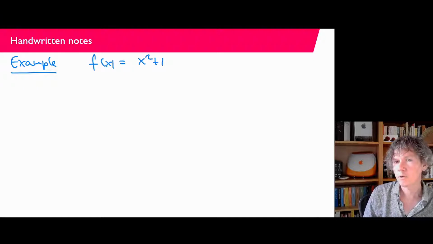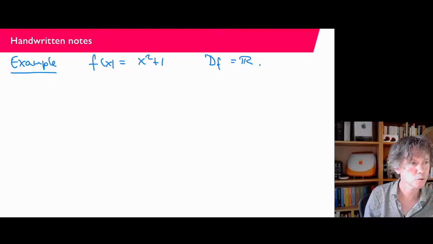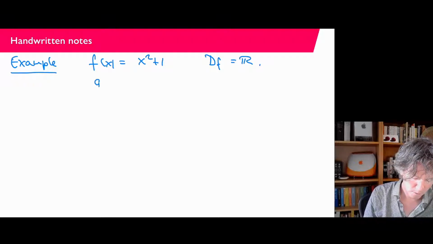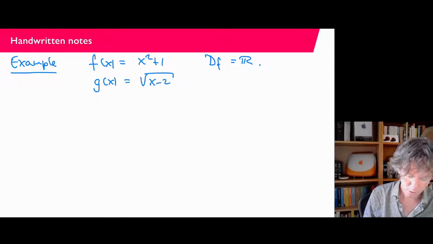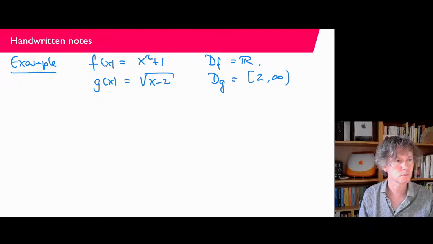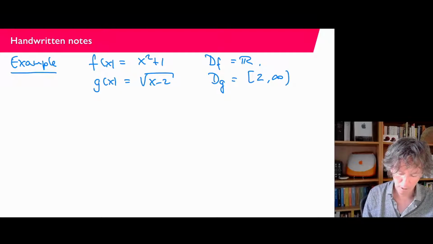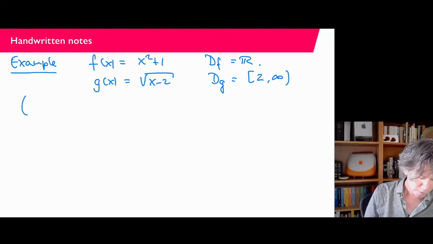You see this is a polynomial, so we know that the domain of f, well, that's every real number, because I can always compute x squared plus 1. And then my g of x is going to be the square root of x minus 2. So it is easy to see that we want to have all numbers from 2 and bigger, so from 2 till infinity.